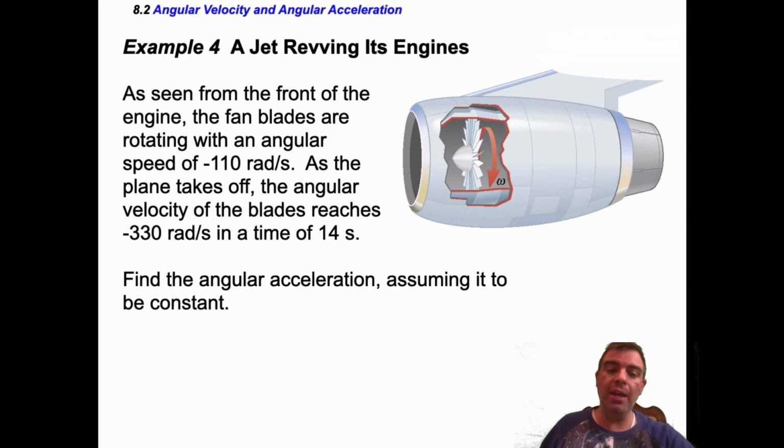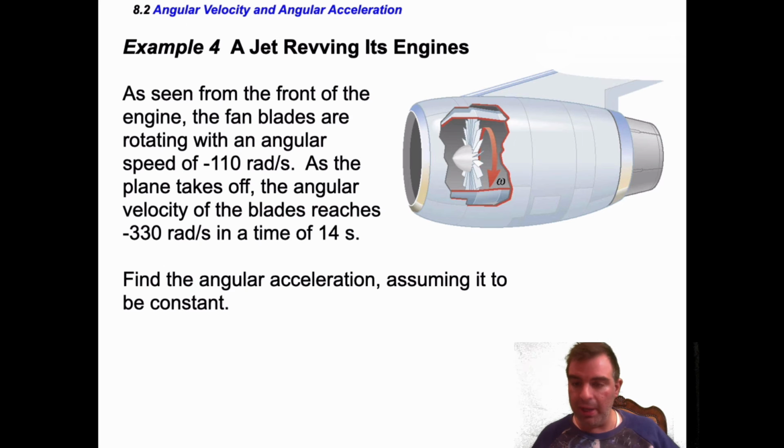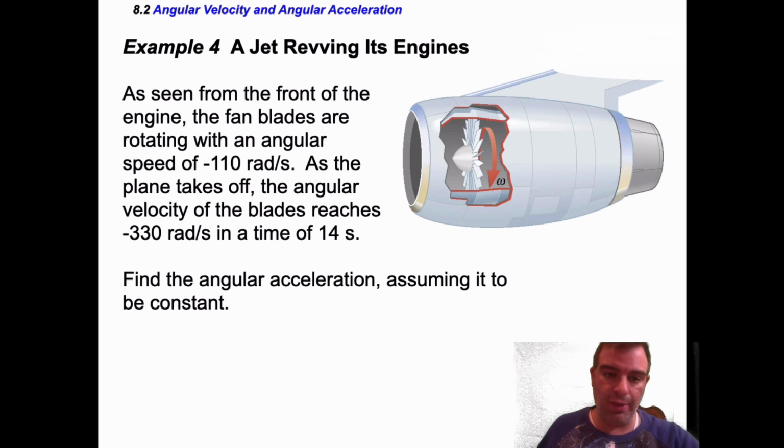The negative 110 means it's clockwise, and you can see from the diagram that the fan blade inside the jet is rotating clockwise, so that's why it's negative. That is the initial velocity, and the final angular velocity is negative 330 rad per second in a time of 14 seconds.